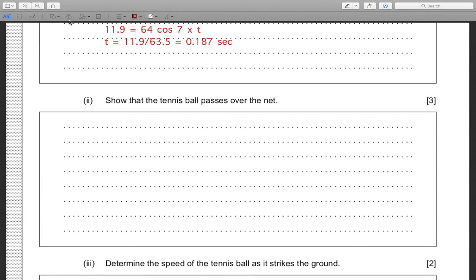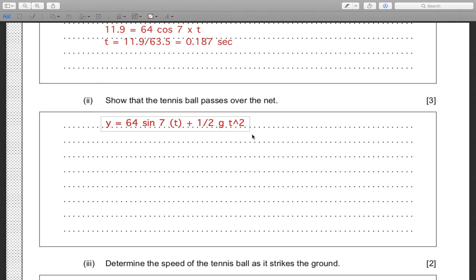That's y equals, the velocity in the y direction is 64 sine 7, times t, plus a half g t squared. Why do we use positive? Yes, because the ball is going down.